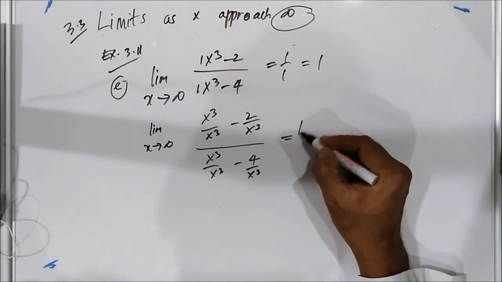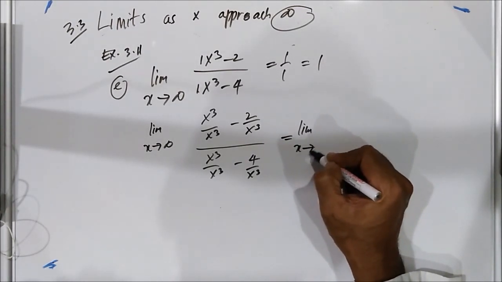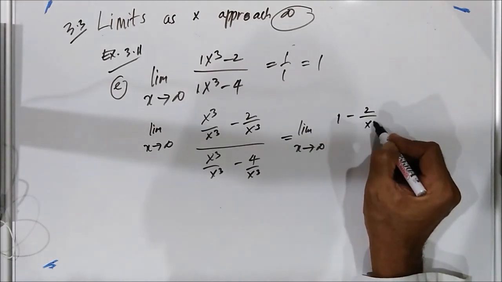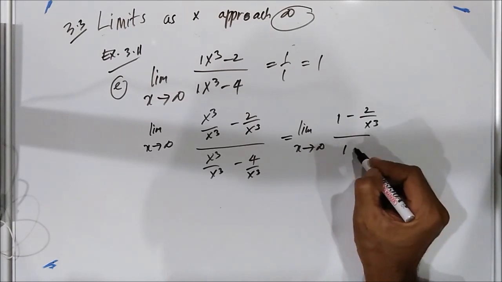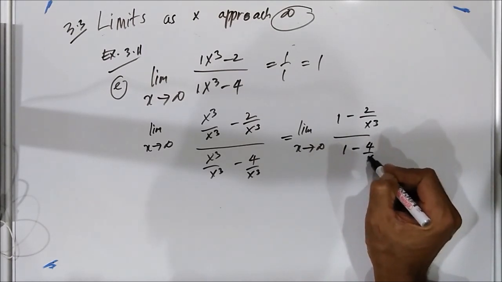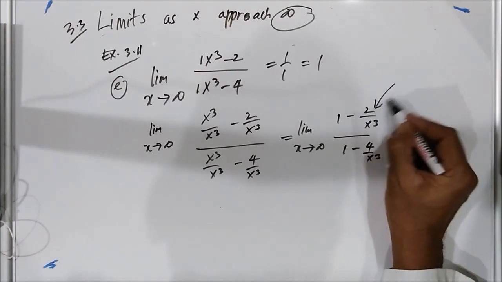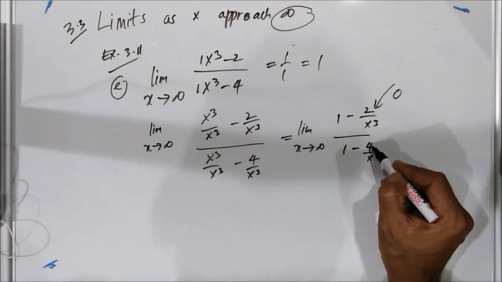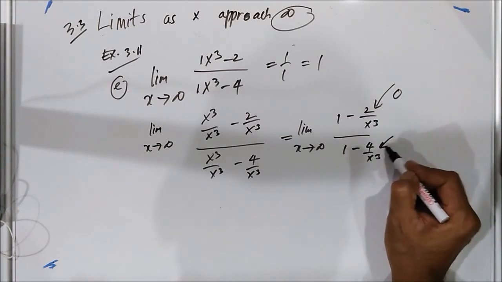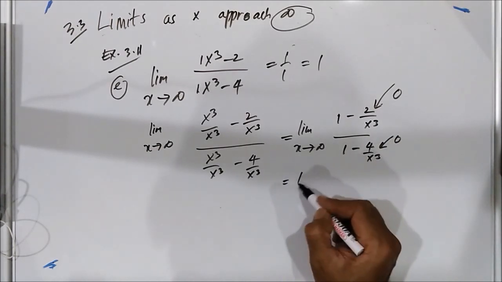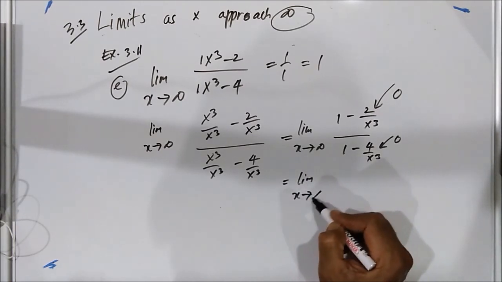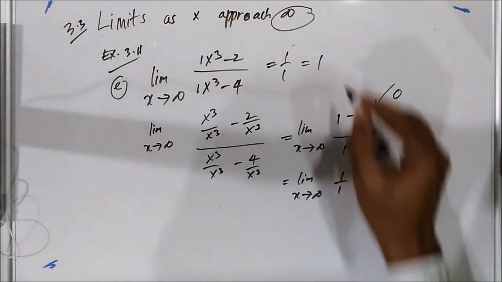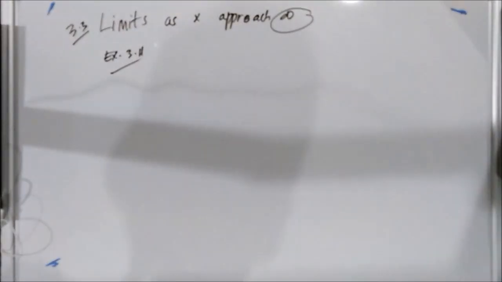So here we get the limit of x approaching infinity of 1 minus 2 over x cubed, divided by 1 minus 4 over x cubed. The small terms are equal to 0, since a small value divided by a very large value is 0. So the limit of x approaching infinity is 1 divided by 1, which is equal to 1. Okay, the same answer.